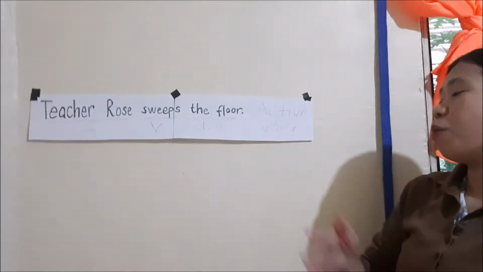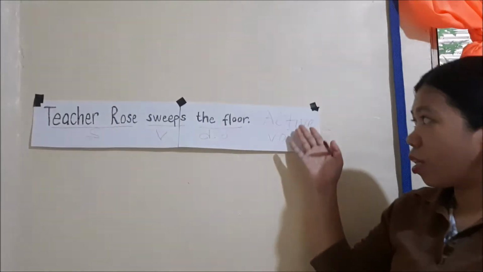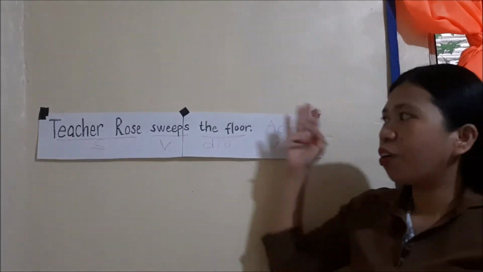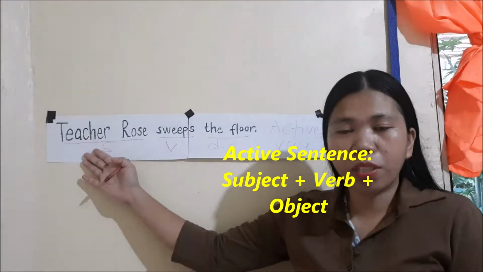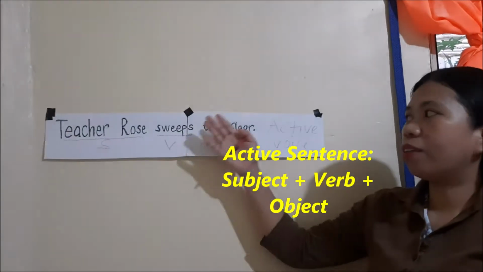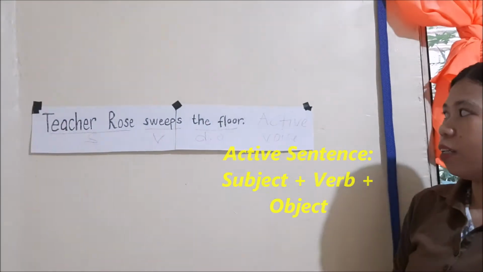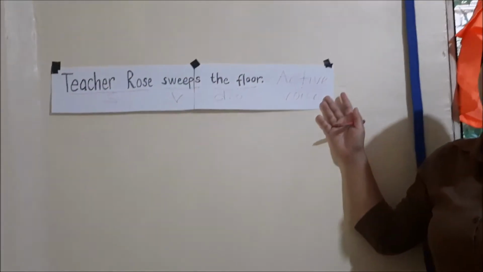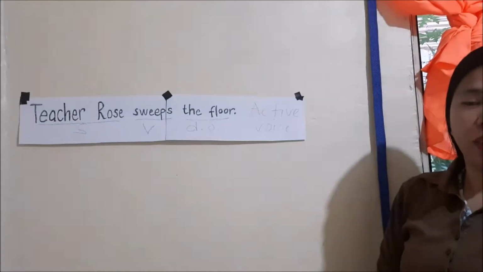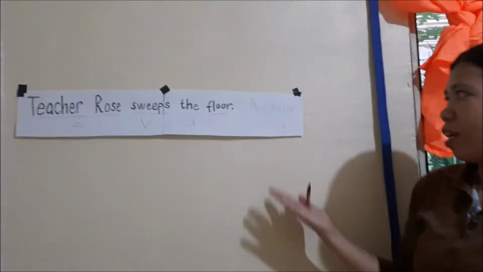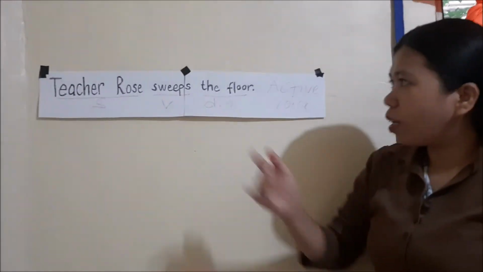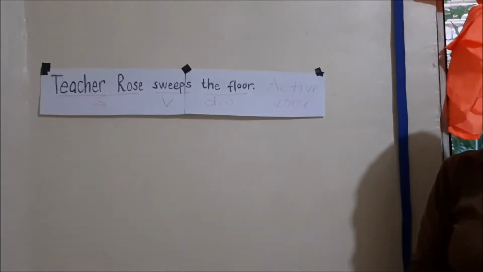Again, our sentence is in the active voice if we have the form: the subject, the verb, and the direct object. Now, when can we say that the sentence given is in the active voice?